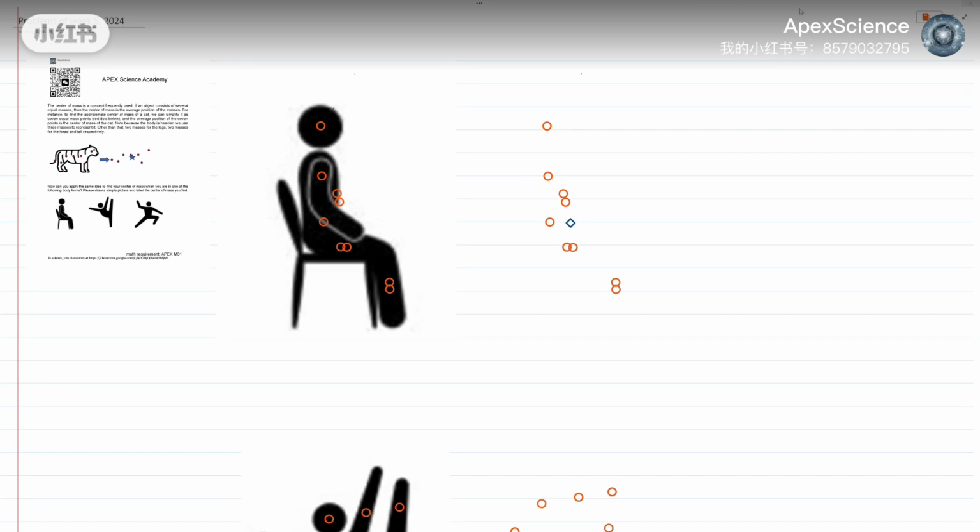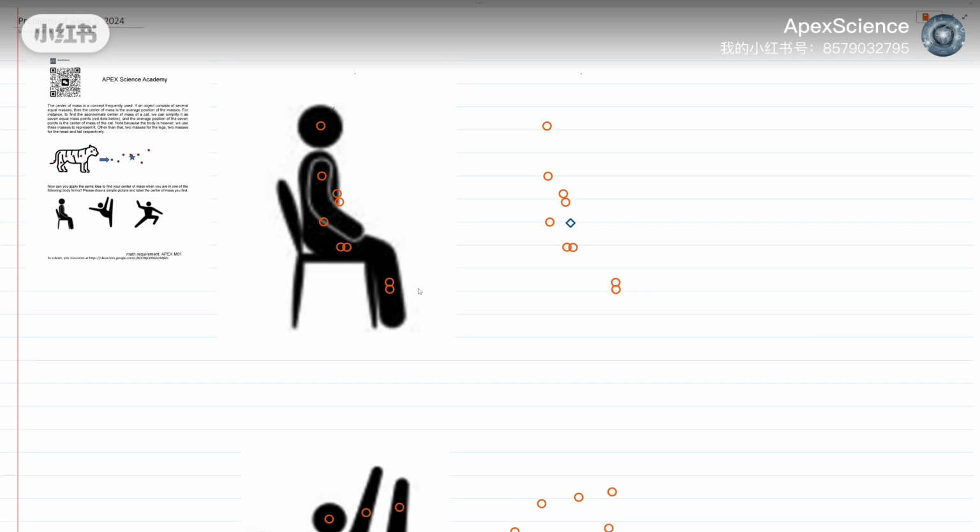Okay, so here is a person sitting on a chair, and I'm using 9 points to represent the parts of the body. I have 1 mass point to represent the head, 2 mass points to represent the upper body, 2 points to represent the left and right arms, 2 points to represent the upper parts of the legs, and 2 points to represent the lower parts of the legs, again left and right.